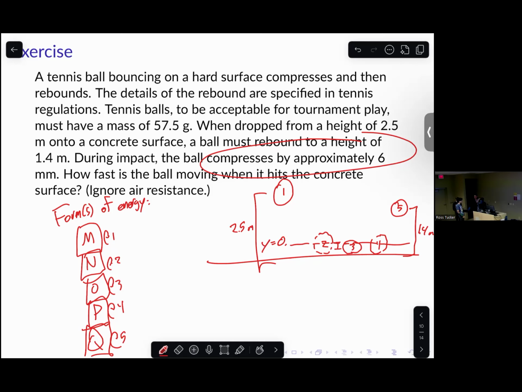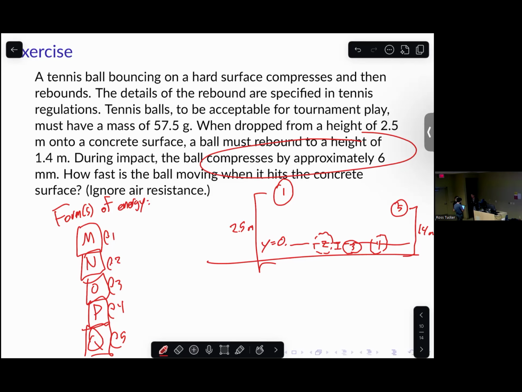The instant you stop holding it, it is not moving. Whenever we say released from rest or dropped, you can take that to mean initial velocity 0. Correct. It is not moving at the instant you release it. There's been no time for gravity to accelerate it.